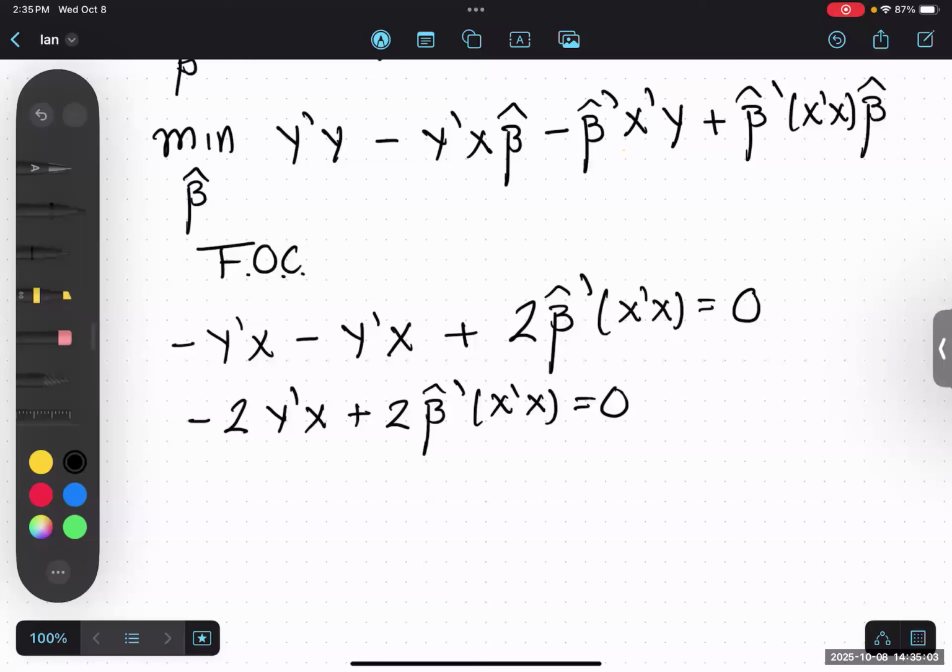I will do 2 things at this point. First, I will divide both sides of this equality by 2, and I will add on both sides y transpose x, which leads me to this expression: beta hat transpose x transpose x is equal to y transpose x.